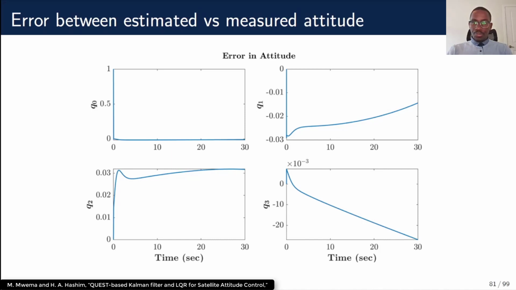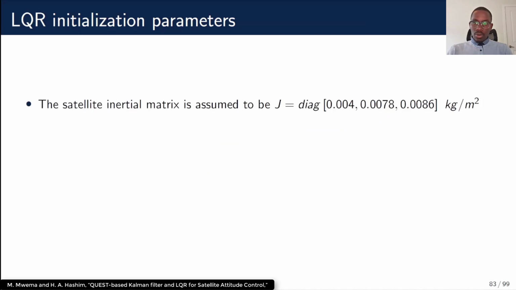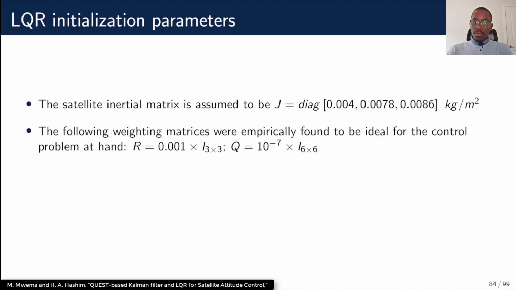graphs below. For the LQR initialization parameters, the satellite inertia matrix is assumed to be a diagonal matrix of the following values, and the following weighting matrices were empirically found to be a 3x3 identity matrix of 0.01 and a 6x6 identity matrix of 10 to the power of -7.